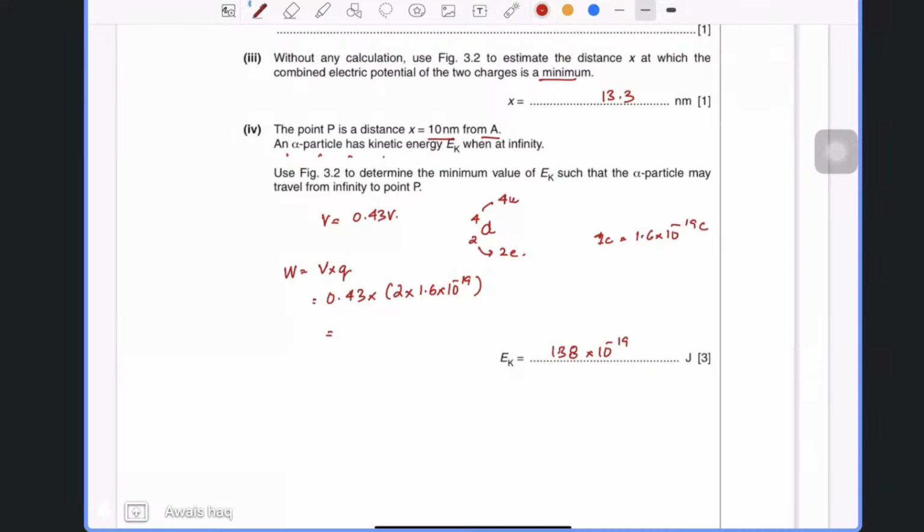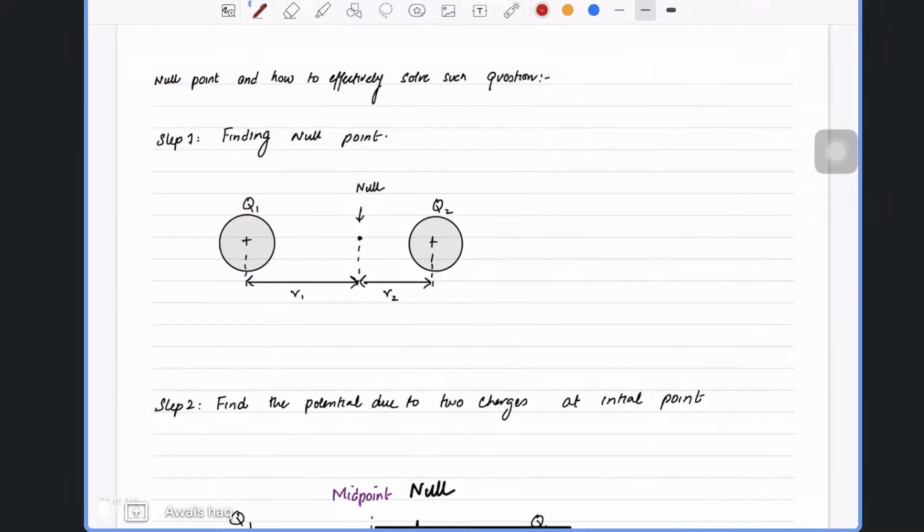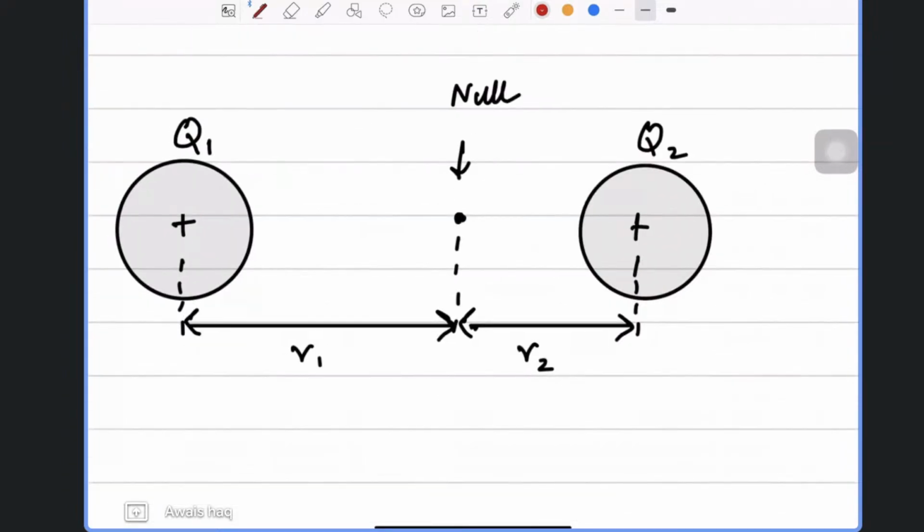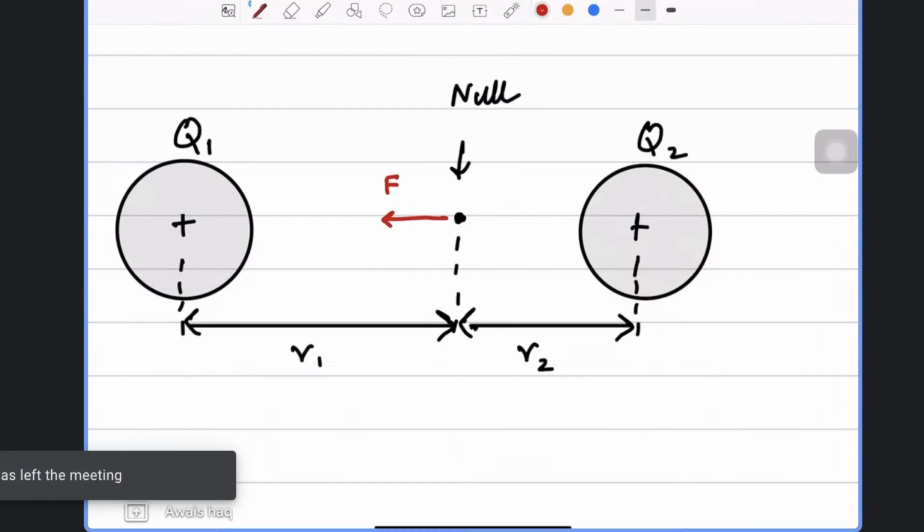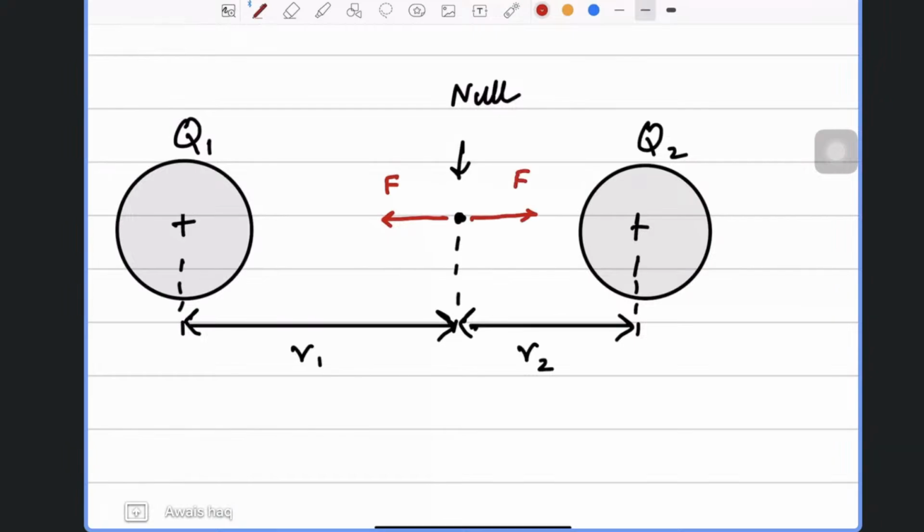The next is the null point, and we have to learn how to find it. It's pretty easy. All you need to understand is that the null point has a couple of features. First of all, at the null point, the force due to one charge and the force due to the other charge must be equal and opposite. So the force due to Q1 and the force due to Q2 are equal and opposite.